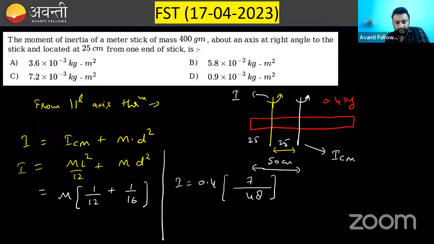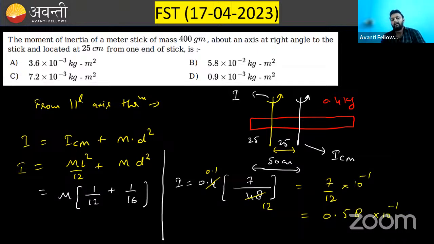Further, if I calculate it, it will be 0.1 and 12, that means 7 by 12 into 10 raised to the power minus 1, or you can say 0.58 into 10 raised to the power minus 1.